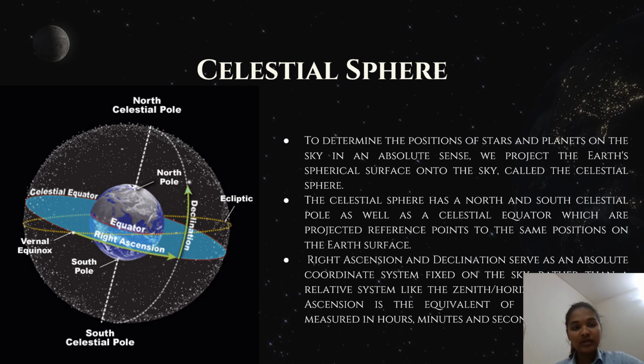This is nothing but the celestial sphere, which gives the position of the stars or planets on the sky in an absolute sense. It projects the Earth's spherical surface onto the sky, called the celestial sphere. By using this celestial sphere concept, we can find out the exact position of the planets or stars in space.